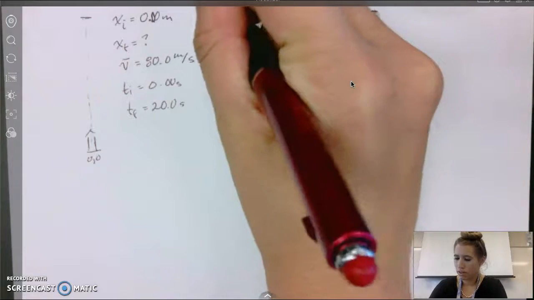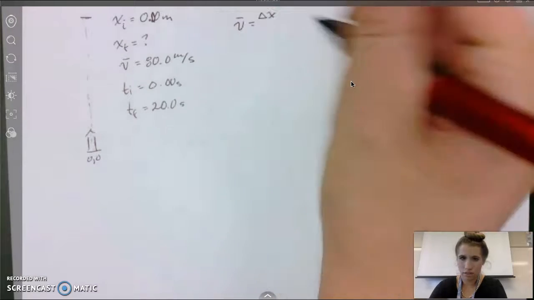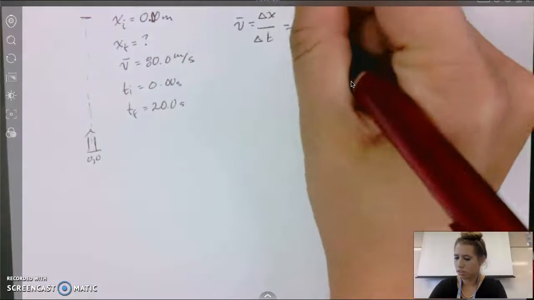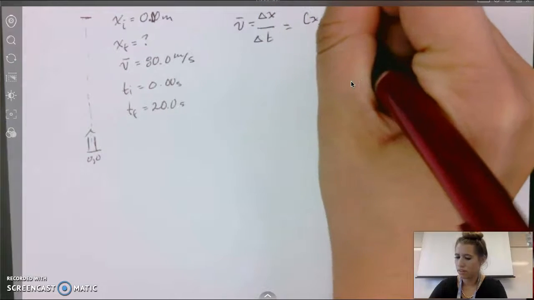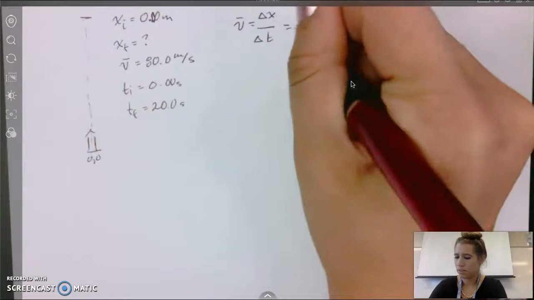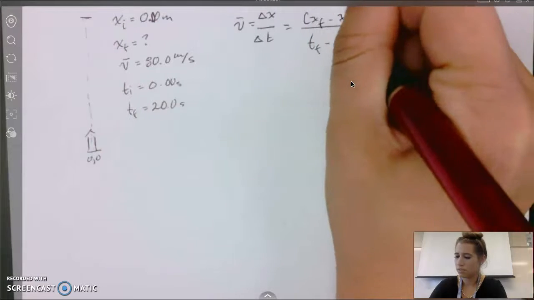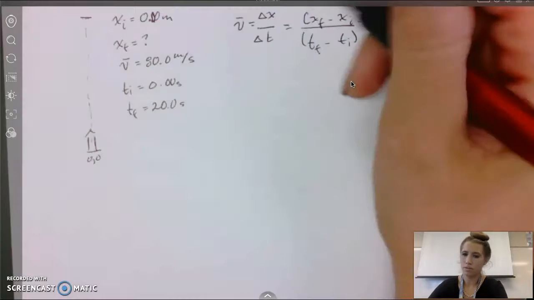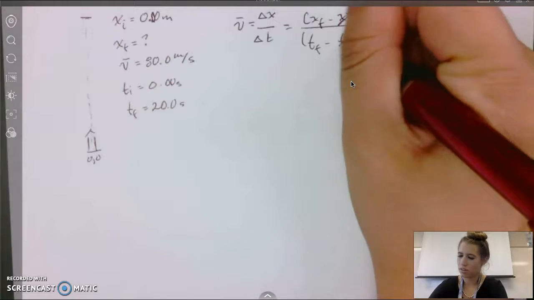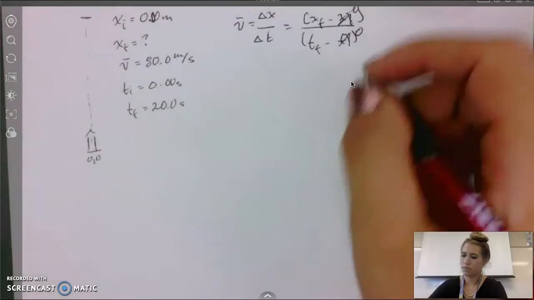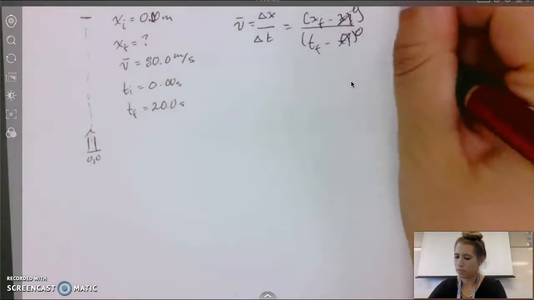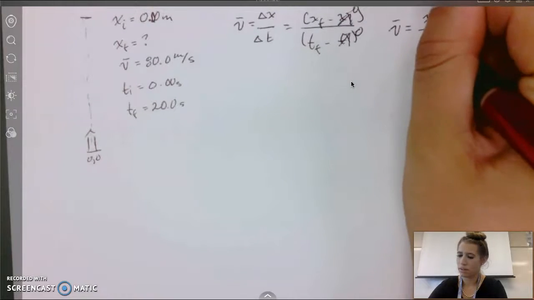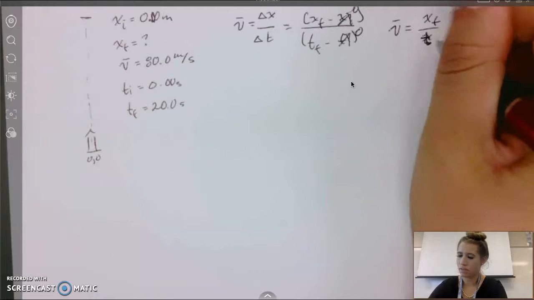So velocity average is delta x divided by delta t, so that's just x final minus x initial divided by time final minus time initial. Okay, let's get rid of our 0 values. X initial is 0 and time initial is 0. So for this example, velocity average is x final divided by time final.